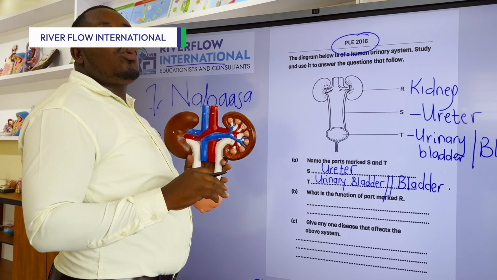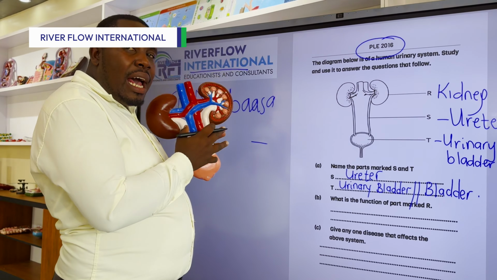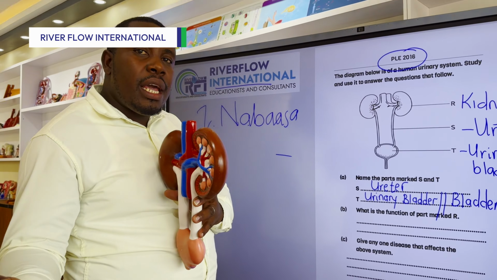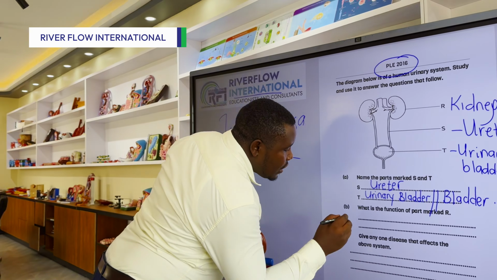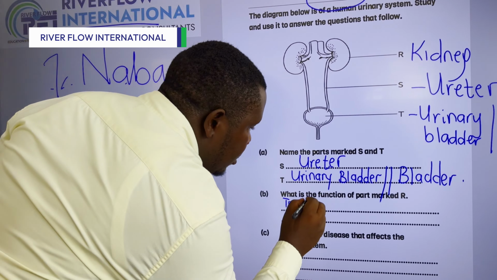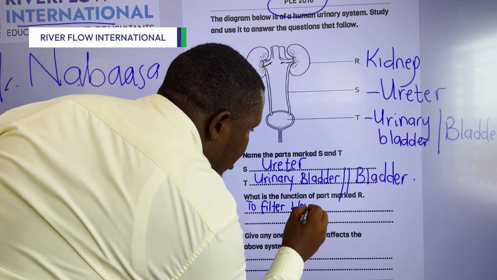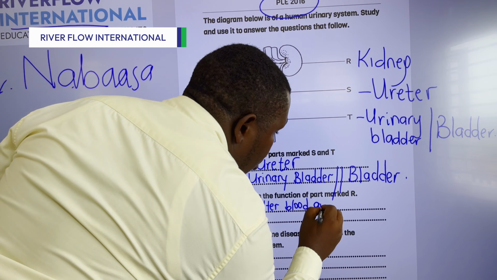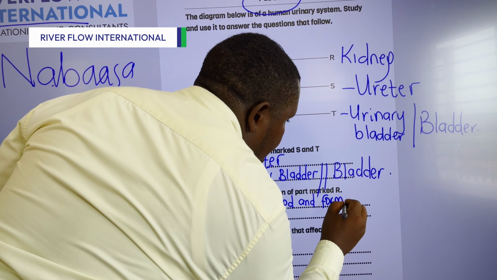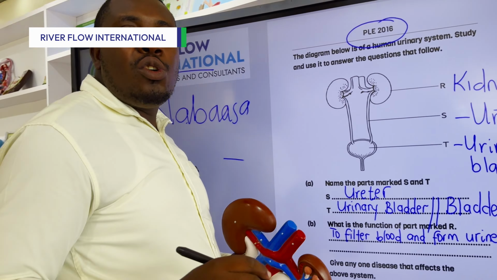Usually, when you talk about the kidney, you are looking at an organ that filters blood, removes waste, and then the waste is used to make urine. So I always say to filter blood and form urine. To filter blood and form urine. That is what I always say.